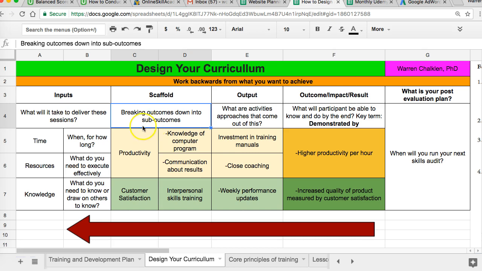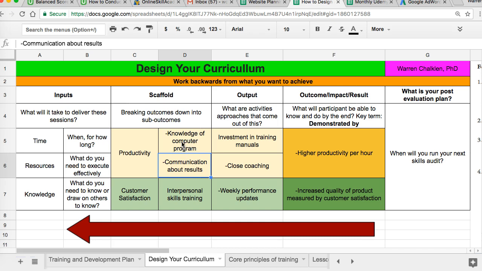So we break our outcomes down into sub-outcomes. We break productivity down and we think about what are the first things someone would need to know in order to go from step 1 to step 2 to step 3 to step 4 in a logical way. For example, we understand that productivity requires knowledge of a computer program and the ability to communicate results.